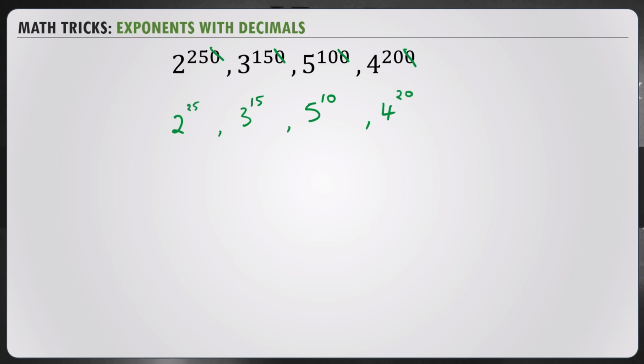Again, we find a common multiple here, which is 5. We divide everything by 5. We get 5, 3, 2 and 4. We are left with 2 to the power of 5, 3 to the power of 3, 5 to the power of 2 and 4 to the power of 4, similar to what we did in the previous step.